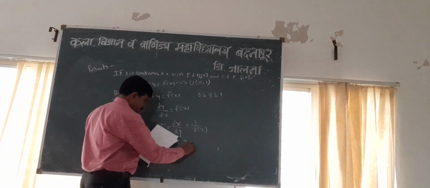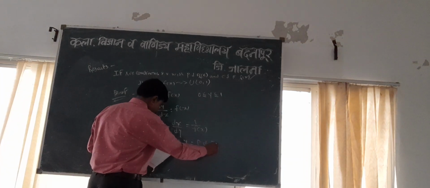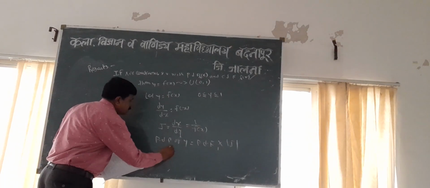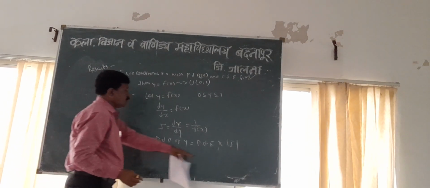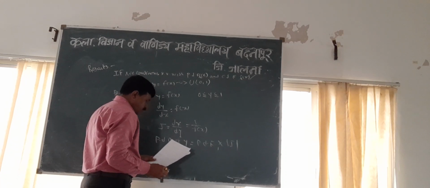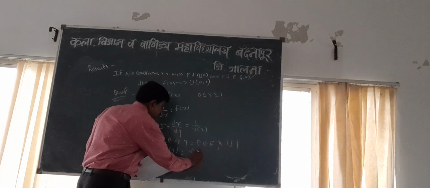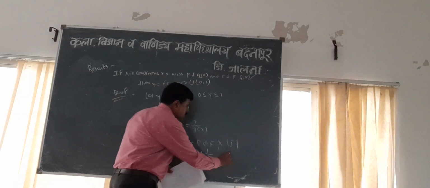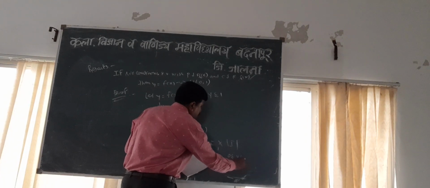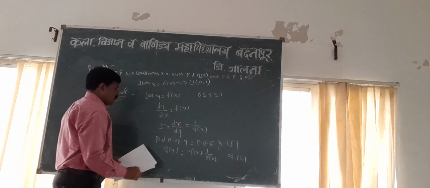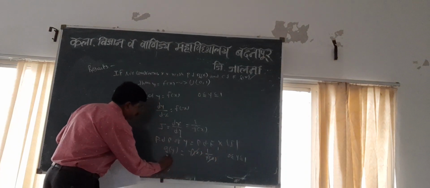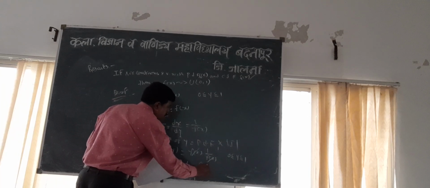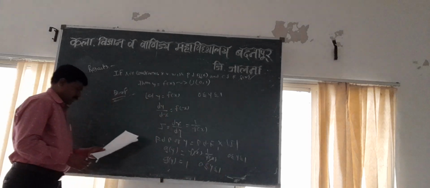The probability density function of y equals the probability density function of x into mod of J. Therefore g of y equals f of x into 1 by f of x, for 0 less than y less than or equal to 1. Here f of x cancels, and the probability density function of y equals 1 for 0 less than y less than or equal to 1.